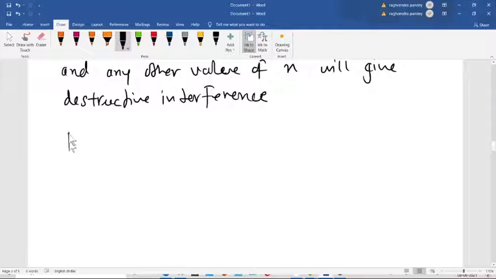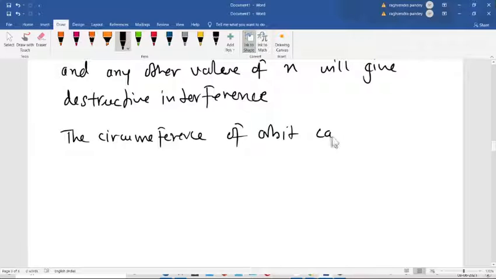The circumference of the orbit can only be n lambda.